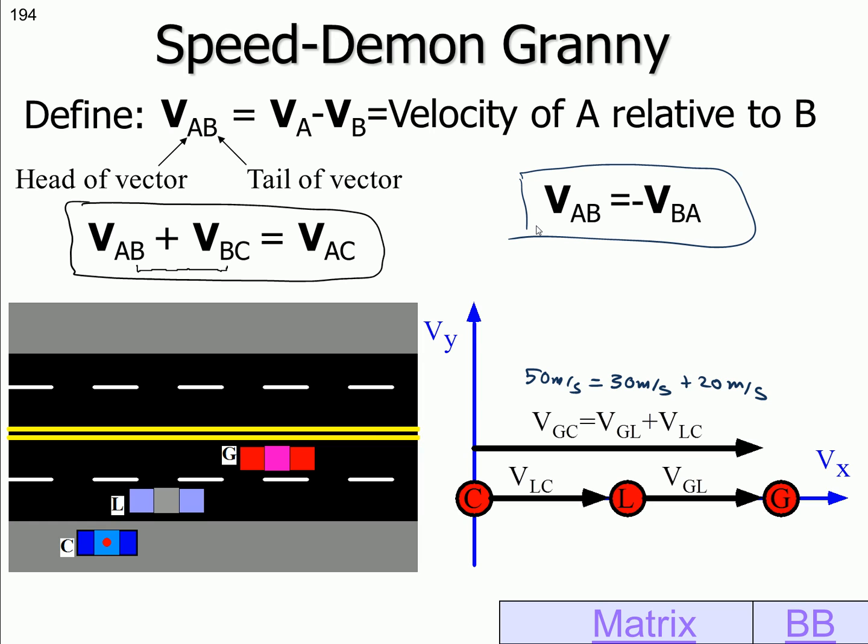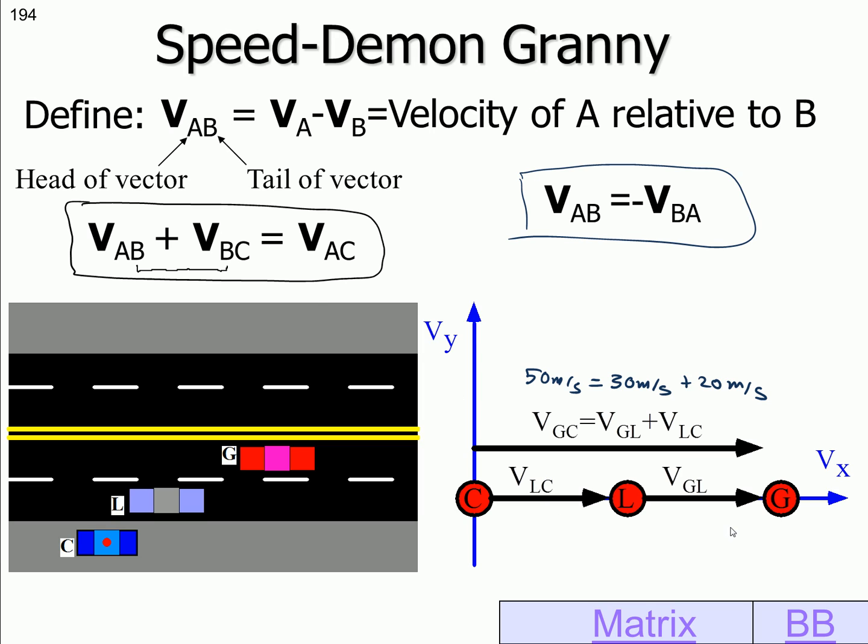So that relationship is represented in this equation here, that VAB is equal to minus VBA. So if you reverse the sign of A and B, you should get a minus sign. And we can think of this as being a vector, velocity vector, where the head of the vector is A, pointing to the object, and B is the tail, which is residing at the observer.